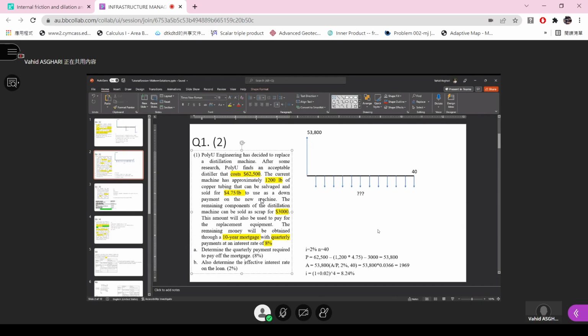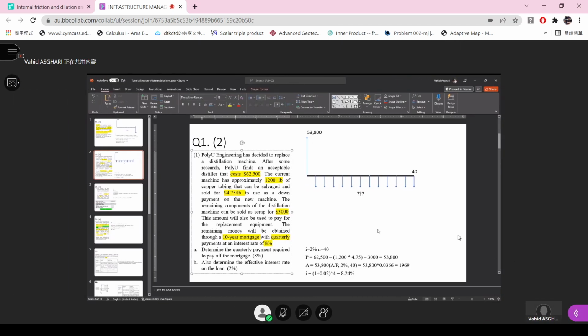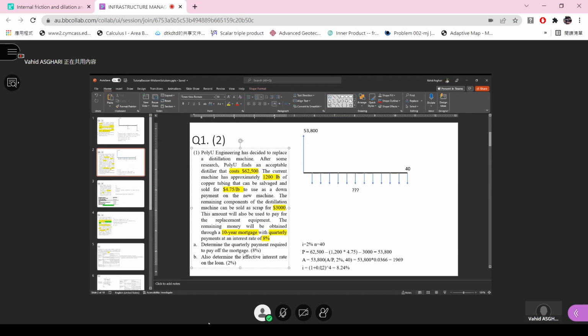In here, we can assume that we can divide the 8% by 4 and find out the quarterly interest rate, and then do it in the reverse direction and find out the effective interest rate on the loan for the year, which is going to be 1.02 to the power of 4.